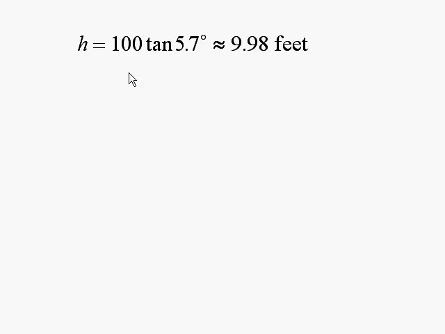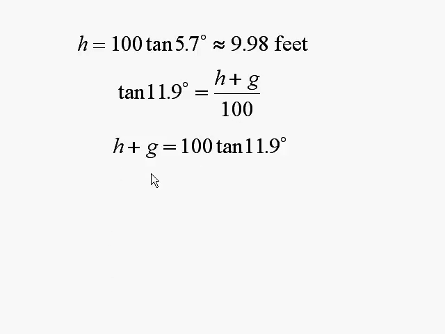So the h value that we calculate, since tangent 5.7 was h over 100, h is 100 times tangent 5.7, so 9.98. We'll do it for the angle 11.9: h plus g over 100, and we find h plus g is 100 times the tangent of 11.9.